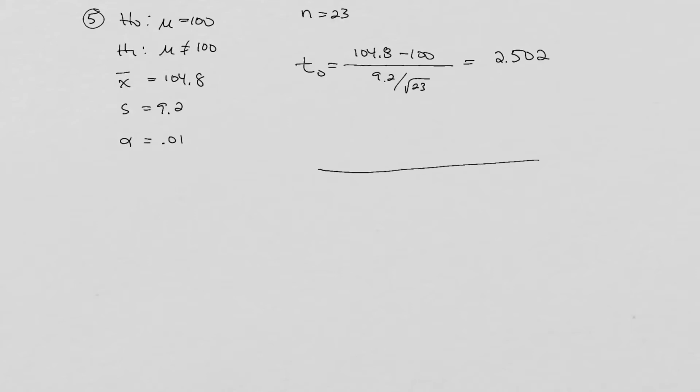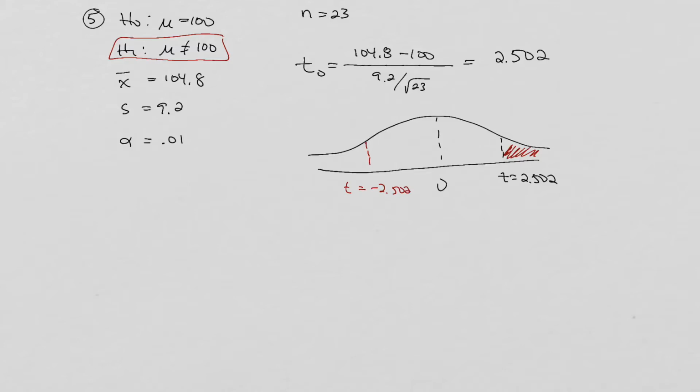So for the t-distribution, remember the average is always right there at 0. So we've got a t-score here of 2.502. Since this is a two-tailed test, I'm going to find this area, and then I'll come down here to t equals negative 2.502, and since it's symmetric, this will be the same number, but I will add these two together to get my grand p-value, my total p-value.